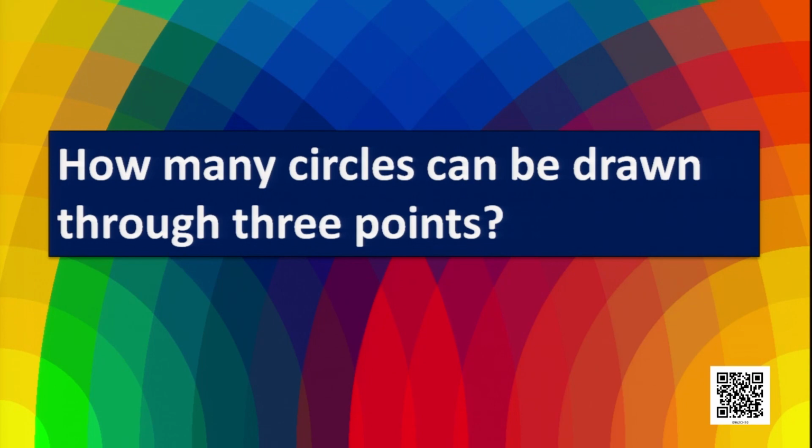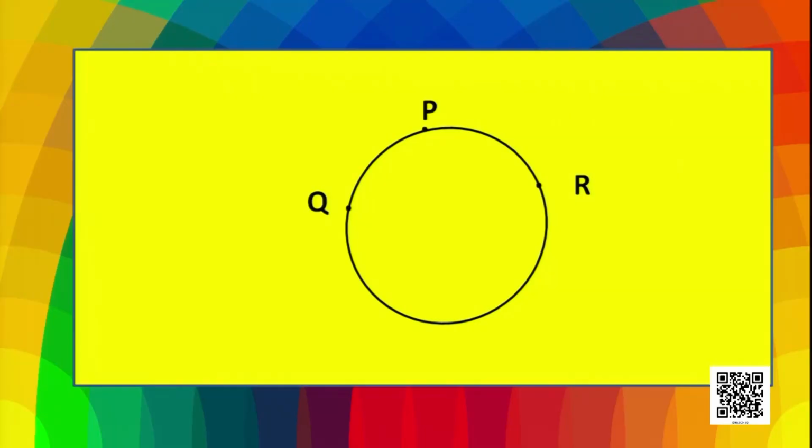Then what about the number of circles if it exceeds 2? That is, how many circles can be drawn through 3 points? Here, this is the figure: Q, P, R are 3 points and one circle is drawn through them.